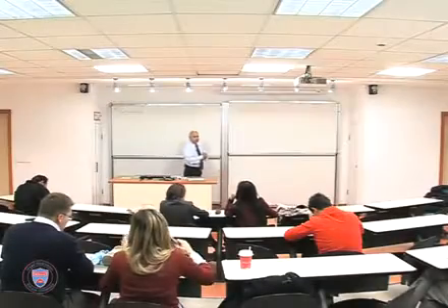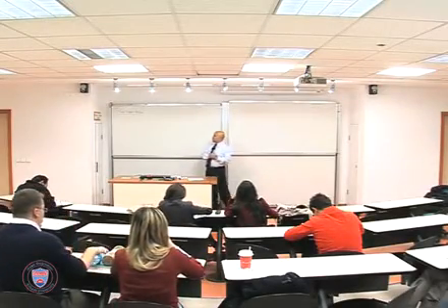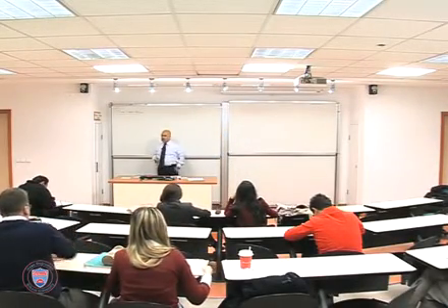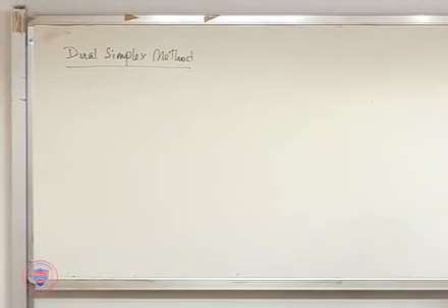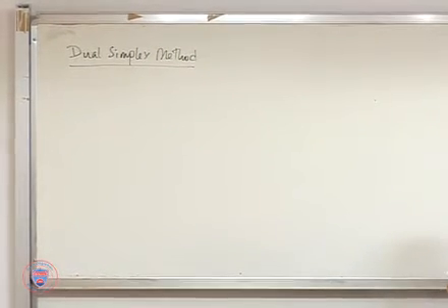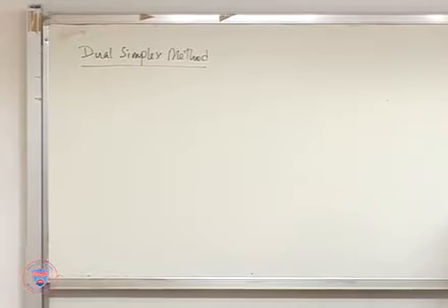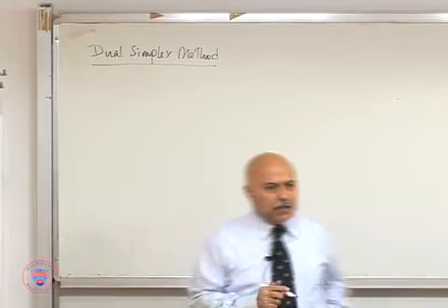Okay, we'll start talking about sensitivity analysis, and before that, I need to tell you how the dual simplex method works, because that's quite handy in the context of sensitivity analysis.